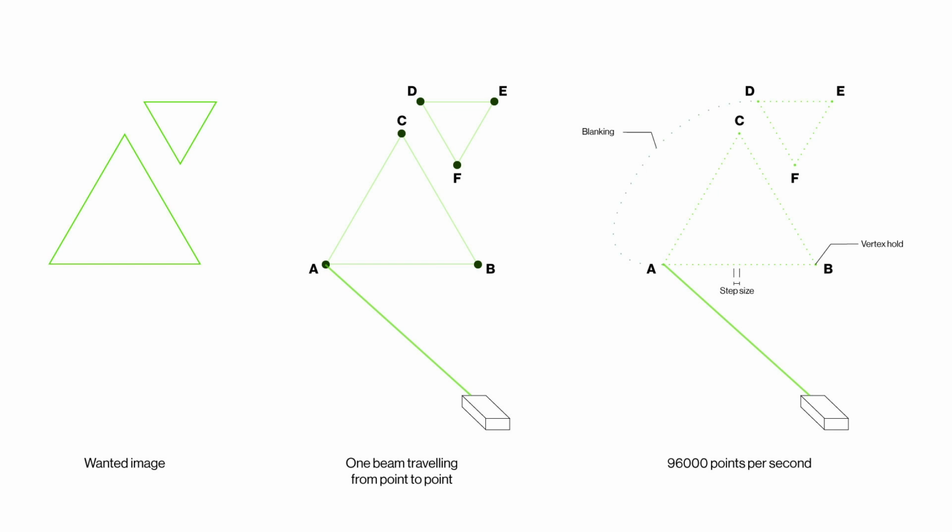One parameter is the step size, and it describes the density of the path from one point to the other point, so between A and B, B and C, C and A, and so forth. The step size declares how many points the laser travels along between two points.